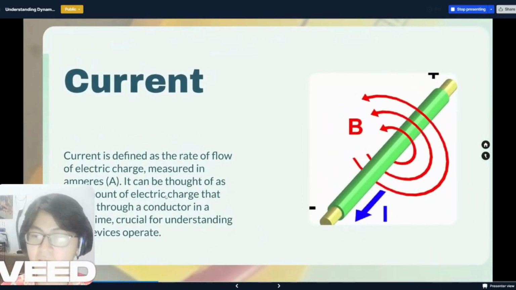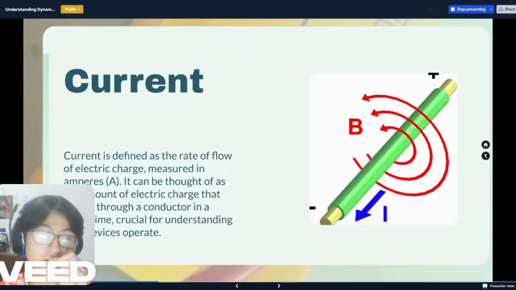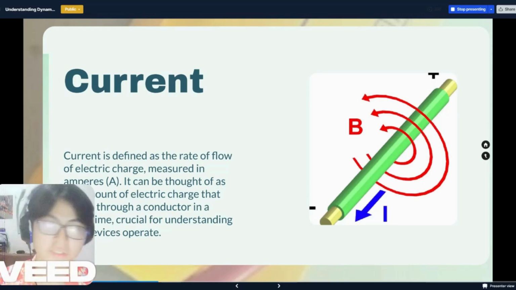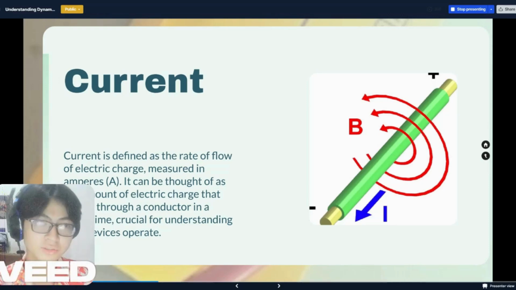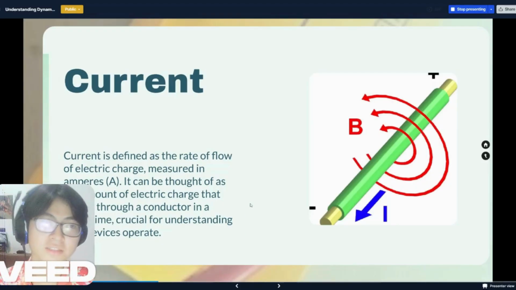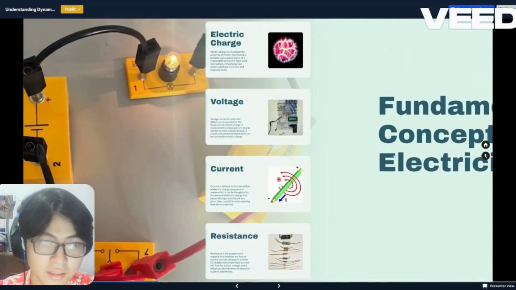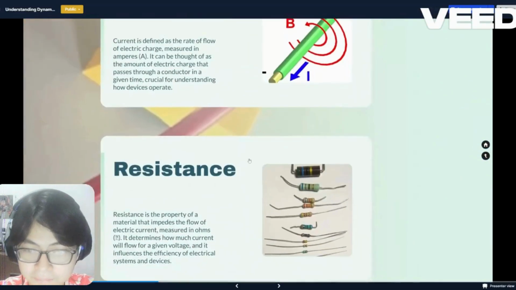Usually, this can range from small to big. It's crucial for understanding how these devices operate, which is relevant to our subject, dynamic electricity.